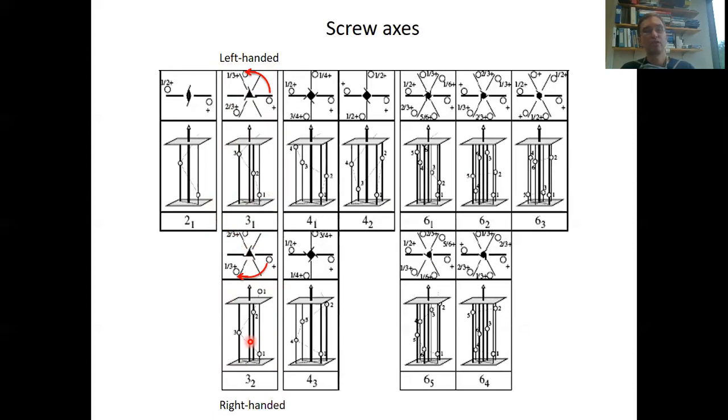For that reason, you cannot express a symmetry operation associated with a 3-1 axis by a 3-2 axis and vice versa. If you could do that, then the symmetry operations would be identical and one would not need to describe them separately. So they look similar, but they are not, because they are mirror images of each other.